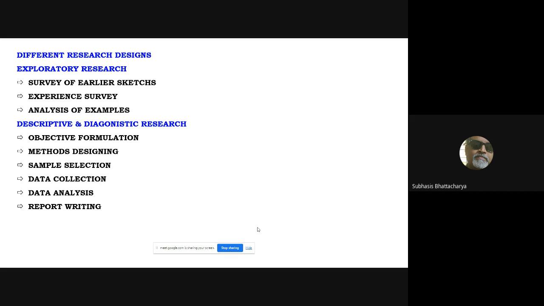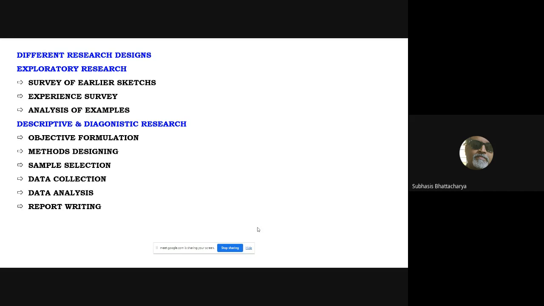Third one is selecting the sample. That is, how much material will be needed. That means what is your sample size. Collection of data. That is, where the required data can be found, and with what time period the data should be related. Then the processing and analyzing of the data, and then reporting the findings.